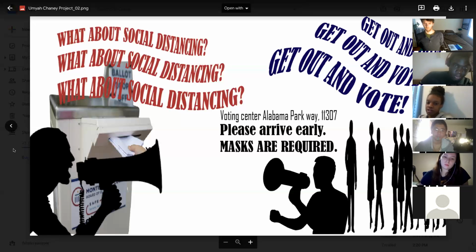So as far as the side about social distancing with the woman, maybe in some form I'll try to incorporate text by trying to symbolize a trash can and symbolize how one little mistake could have a huge impact and effect.